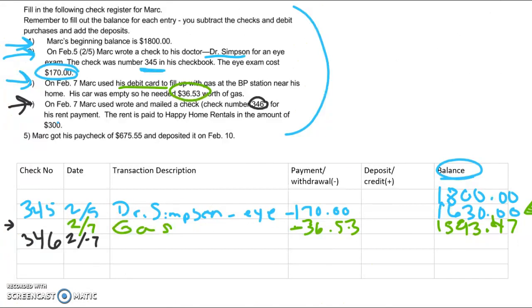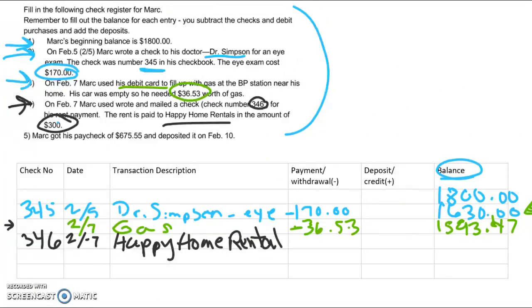It was for his rent payment. So we're going to say it's for rent, but it was to Happy Home Rentals, so we're going to write Happy Home Rentals. That's what it's for, and it was for $300.